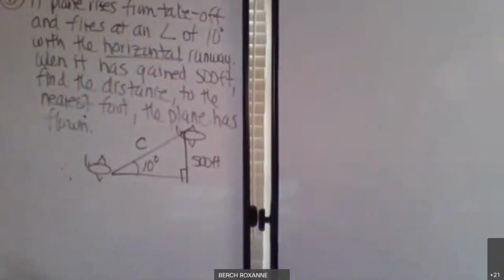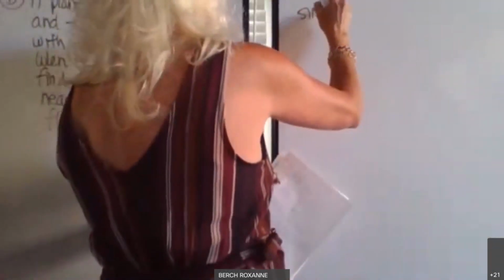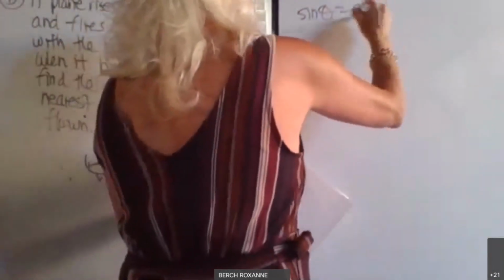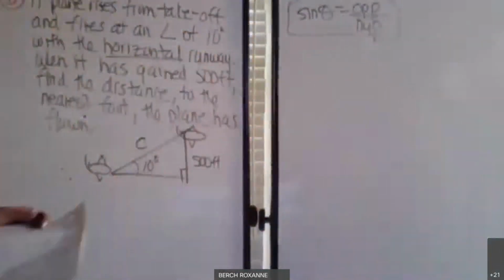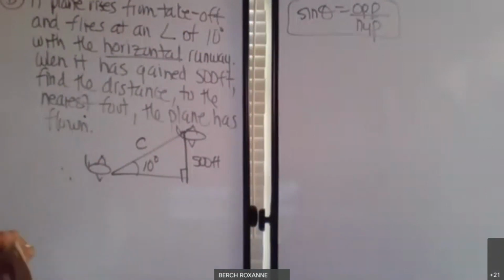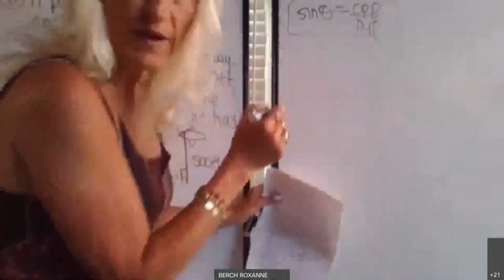Is it sine? Sine is opposite over hypotenuse. And we do have opposite and hypotenuse, so that is correct. So make sure you're in degree mode now.